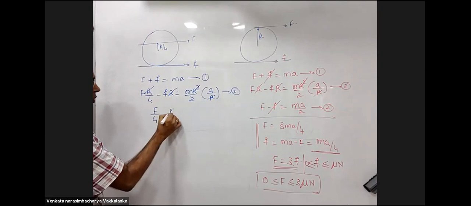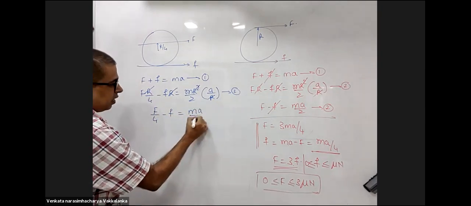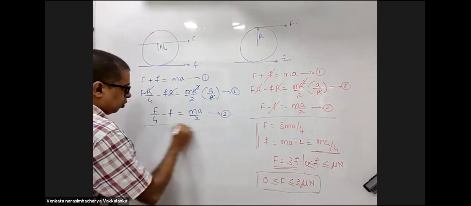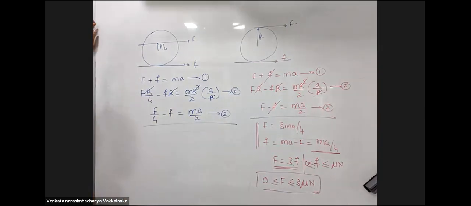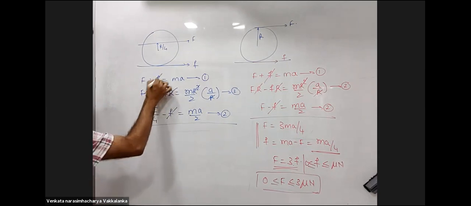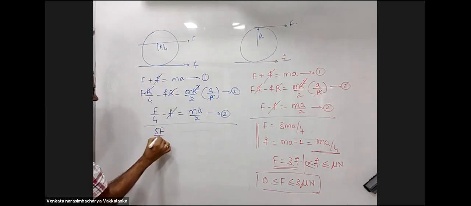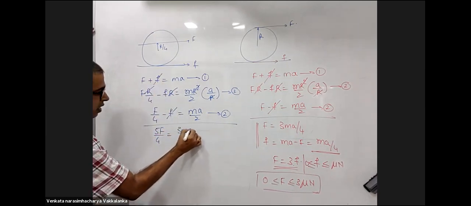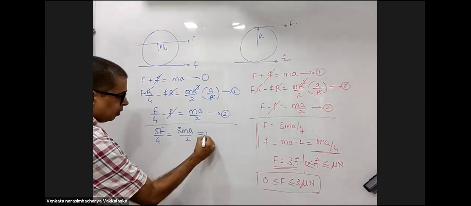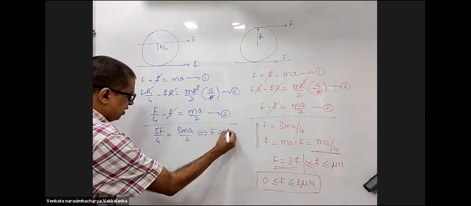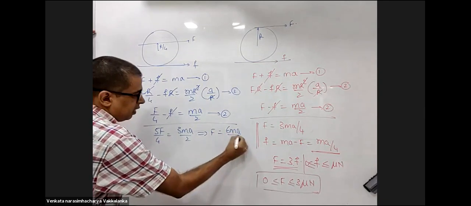F by 4 minus f is MA by 2. Are both the equations clear to all? Yes, sir. 5f by 4 is 3MA by 2. That implies f is 6MA by 5.